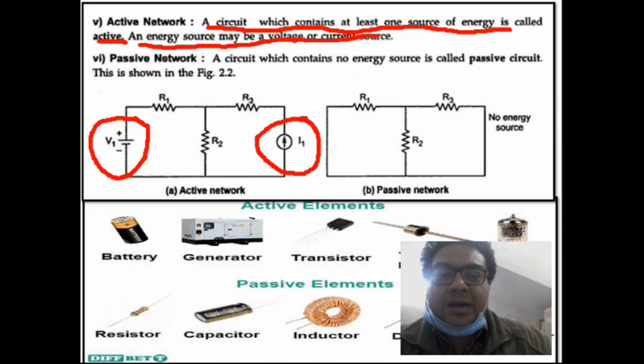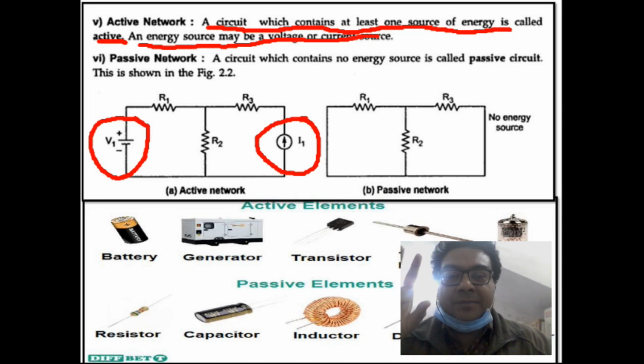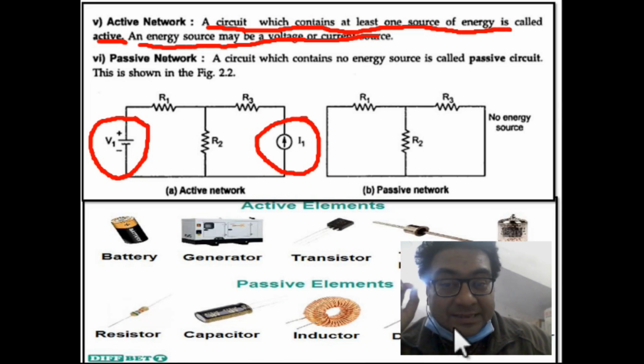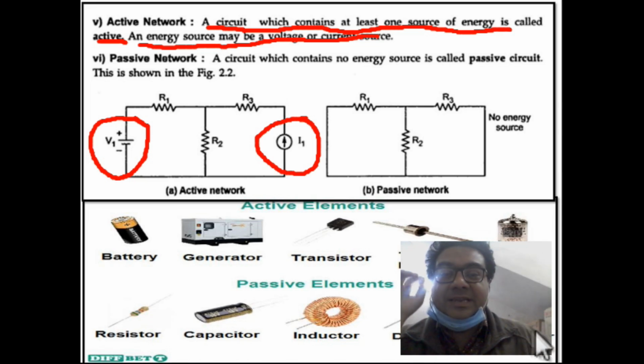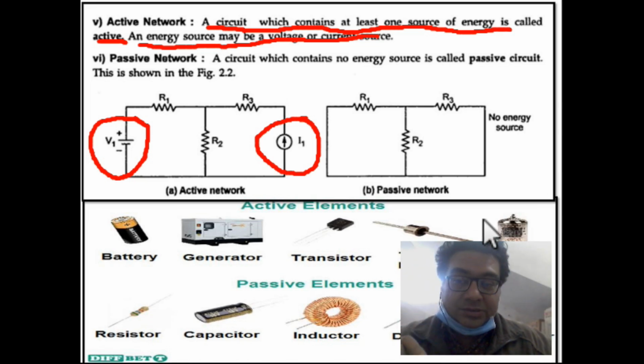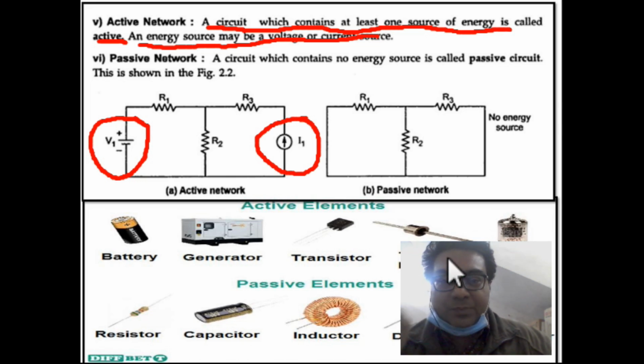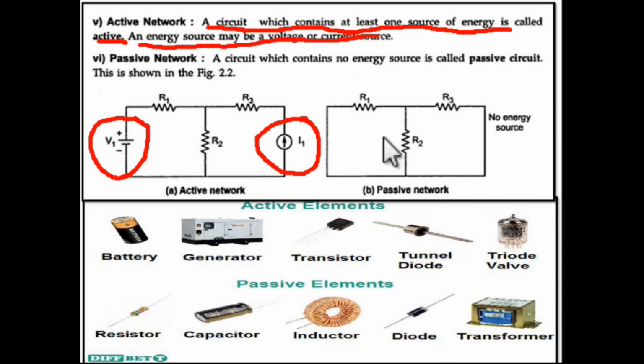So what is the active element? Those elements which provide electrical energy to elements like resistances, inductances, capacitances. Okay, so these are the source of EMF, and these provide electrical energy. That's why these are called active components. And what is the function of a passive component or passive network?